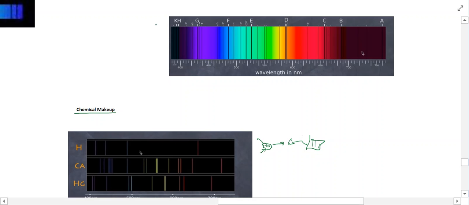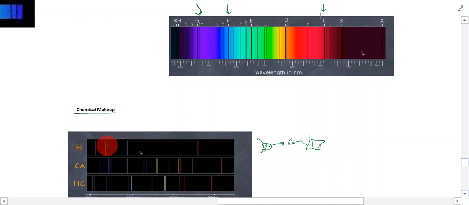So if we have a look, see this line here at G, that line there at G, this line at F, and then if we look at this line down here at C, we can see these very distinct bands that have been taken out or absorbed. What we can do then is match these up with the emission spectrum for hydrogen.